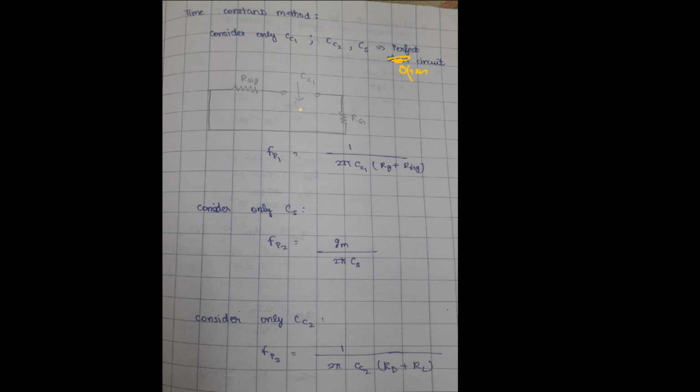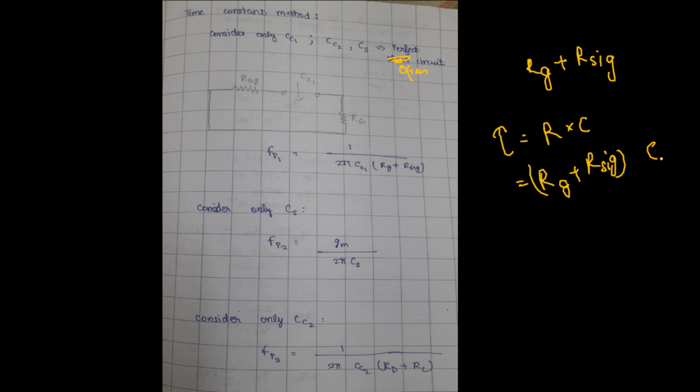Upon calculating the equivalent resistance here, I get Rg plus R signal. And we discussed that tau is equal to R into C. So here R is Rg plus R signal, while C is Cc1.